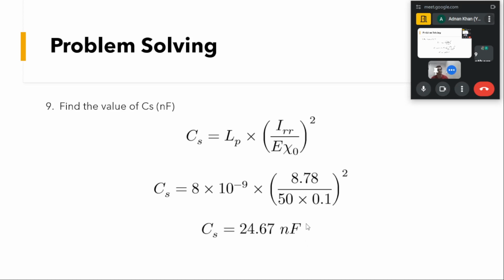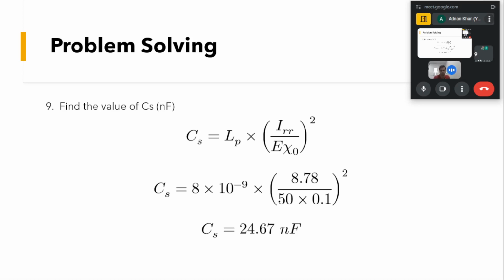and we can get this CS to be around 24.67 nanofarad. So now you are seeing, we have different designs for the particular application. For a particular design, if we want to limit the peak, we have a different value of the capacitor. If we want to limit the dV by dt, then we have a particular value of this capacitor.